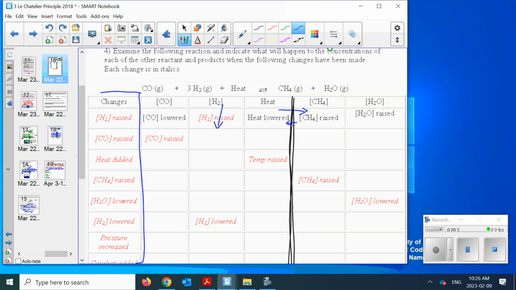Then they have equal back and forth. If that happens, does it make sense why I said then that the right-hand side, both of those things go up? And the only way to, H2 is raised, I put an arrow down on it. The only way to make that down is if heat is also lowered and the CO is lowered. Does that make sense?